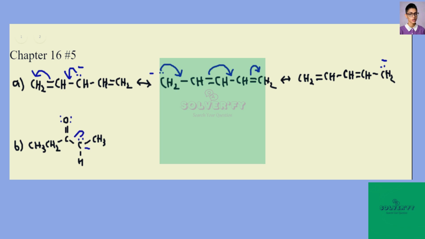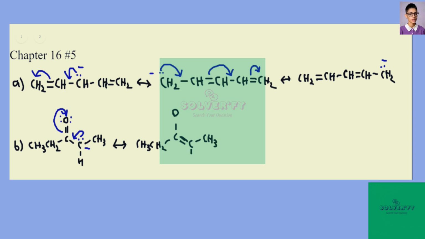So our lone pair can add in here. These electrons can go to the oxygen. And so that is going to give us our only resonance structure here, where the oxygen has a single bond to the carbon, and there is a carbon-carbon double bond here now.